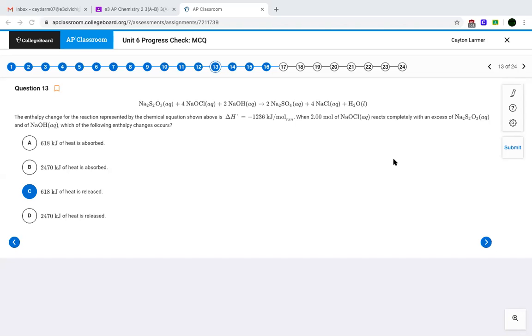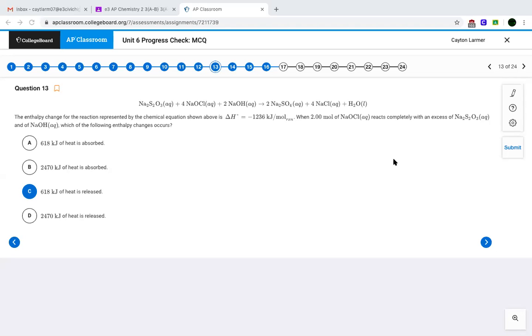Okay, so 2 moles of that react completely with an excess of those. Enthalpy occurs, and the delta H is -12. Yeah, this is a really good question. So give yourself 90 seconds to think through this. Hey Siri, set timer for 90 seconds. Your timer is set for 1 minute and 30 seconds.